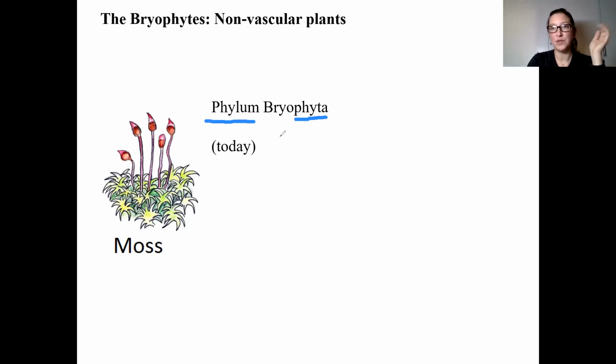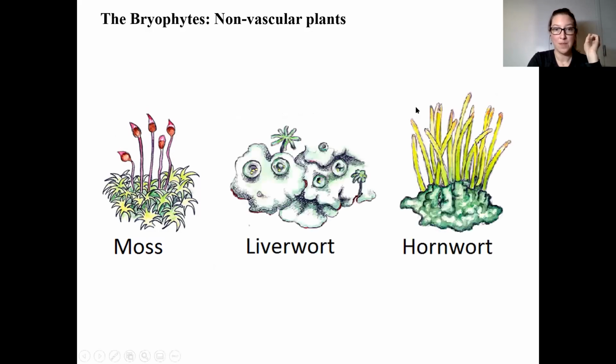So if you saw, this is not real, but if you saw banana phyta, it'd be the banana phylum. So anytime you see the word phyta, that means phylum. Just a little tip, because you're going to learn a lot of phyla in this class. It's always good to have these little grammatical tips.